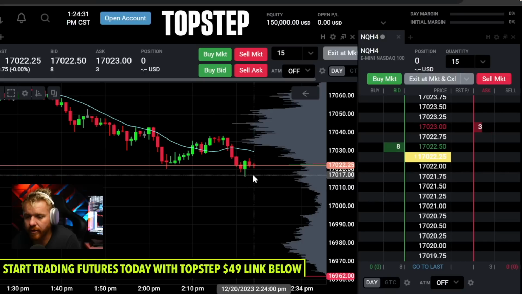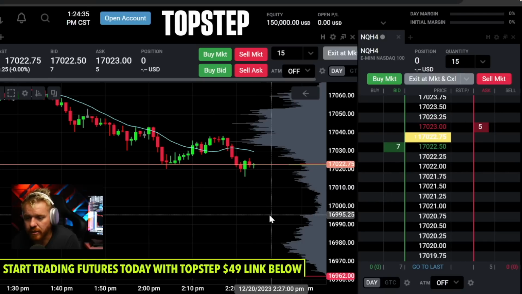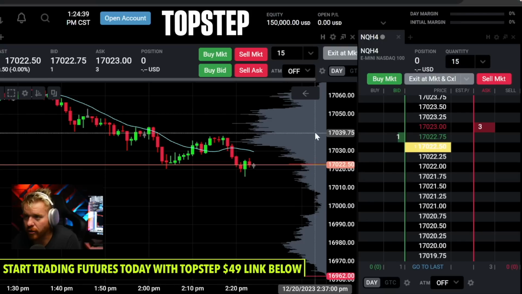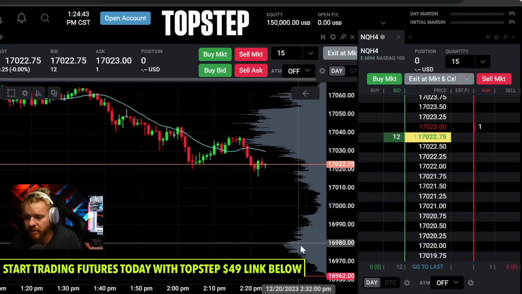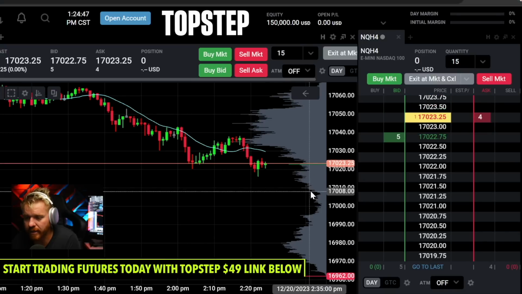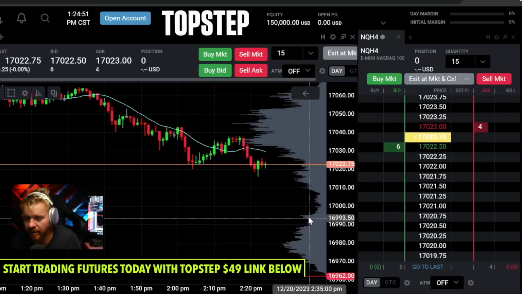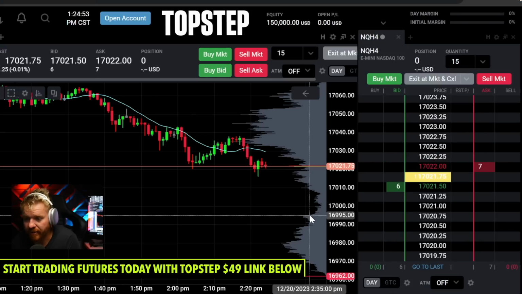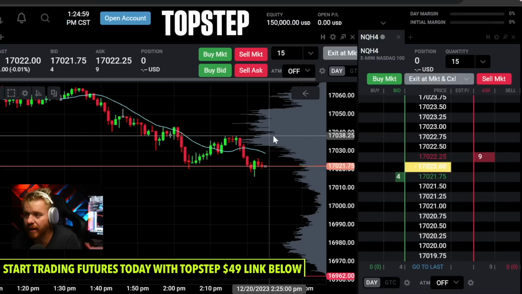Like I said, I don't want to keep buying the dip here because you can see, looking at the volume, not that I'm a huge volume profile guy, a lot of the volume traded today up here in the highs, and most of the volume after that is down here in the 980s. So pretty much this level here, 17,010 to 16,995, there's really not much to support it until we get down to this 979 level.